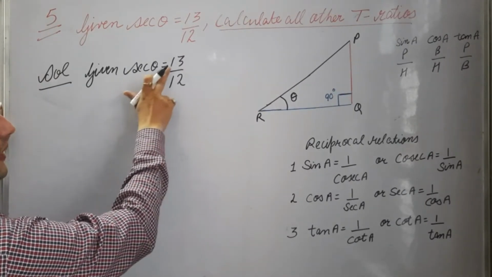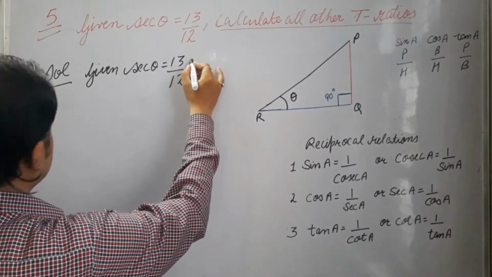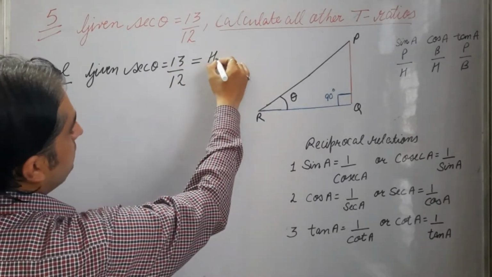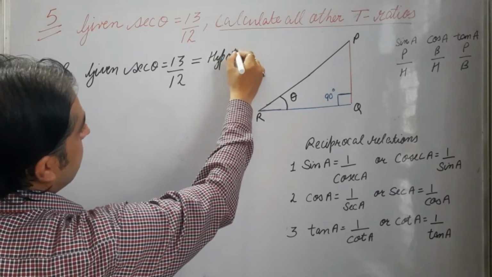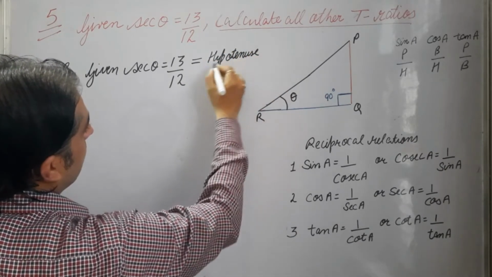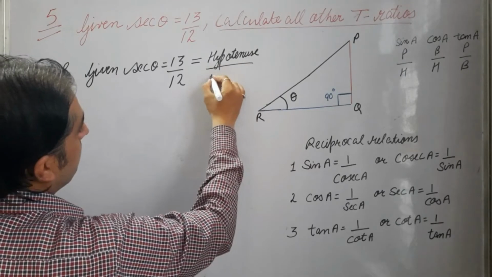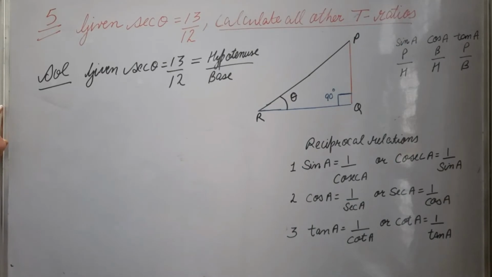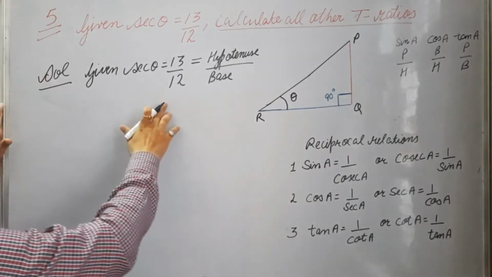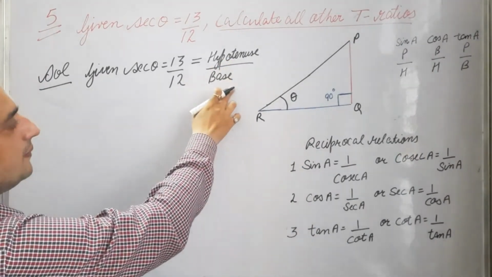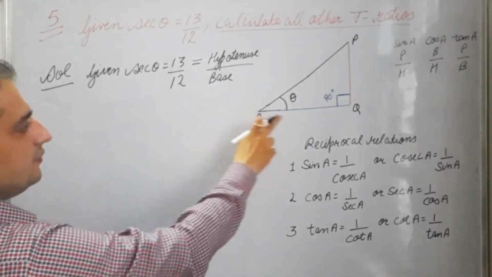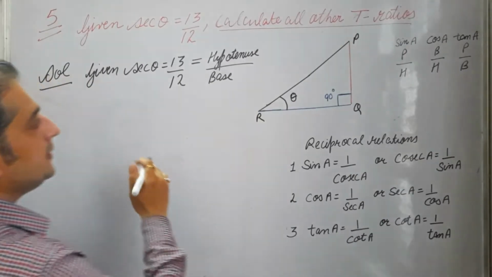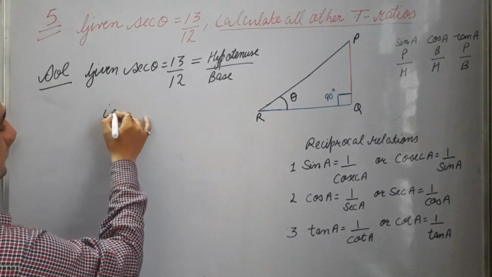Secant theta is hypotenuse upon base, right? So secant theta is the reciprocal of cosine of an angle, that is hypotenuse upon base. See, for the angle of reference, the hypotenuse is PR.